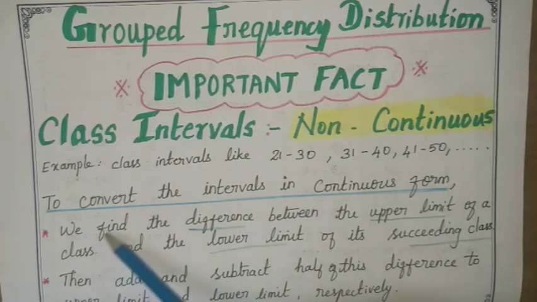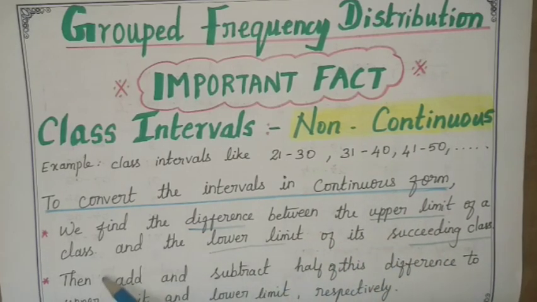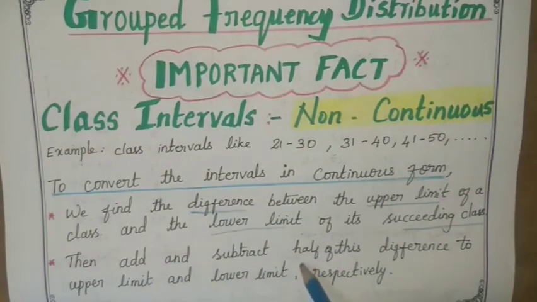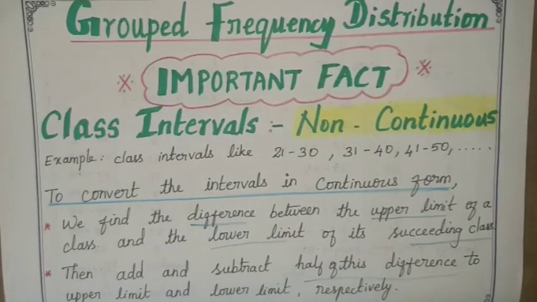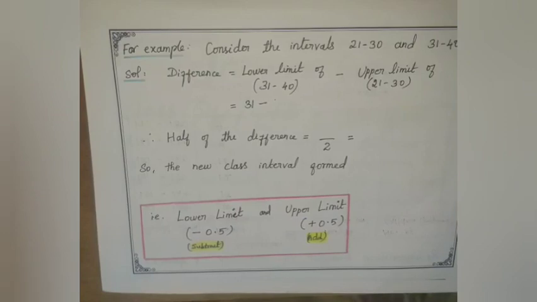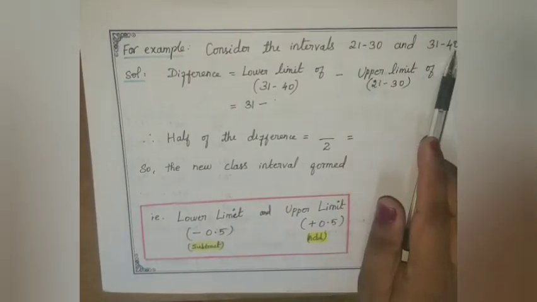To convert the intervals into continuous form, first we find the difference between the upper limit of the class and the lower limit of its succeeding class. Then add and subtract half of this difference to the upper limit and lower limit respectively. For example, consider the intervals 21 to 30 and 31 to 40.